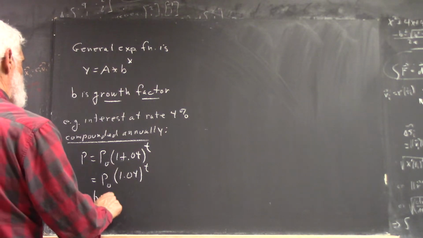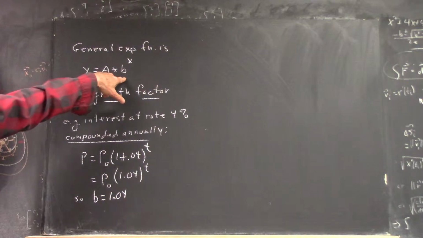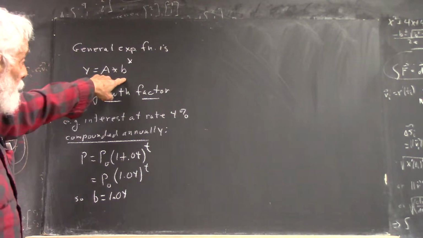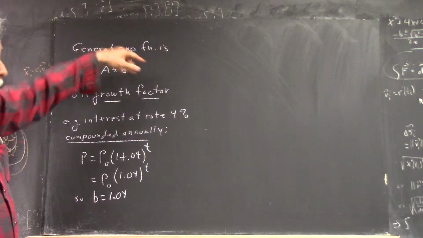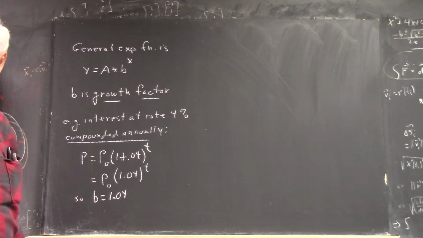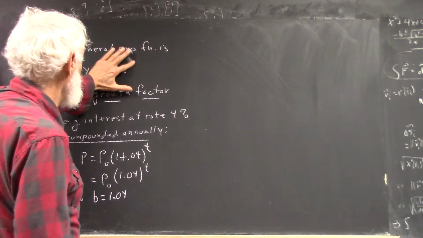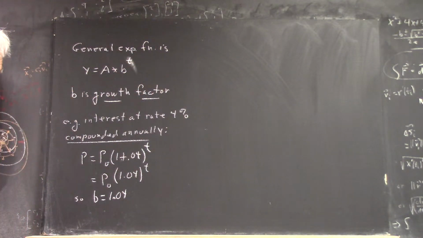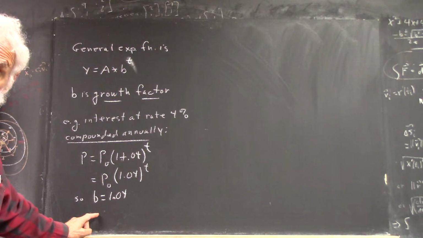So b equals 1.04, because b in your general exponential function is the thing that's raised to the x power, or the t power in this case. And maybe, since I'm using t here, I'll change this one to t because it's sloppy. So b equals 1.04. This is your growth rate.